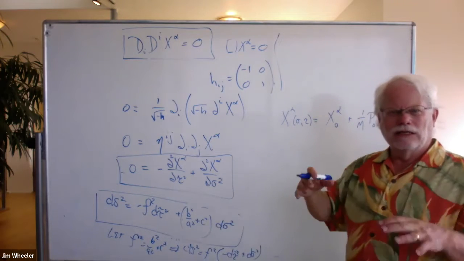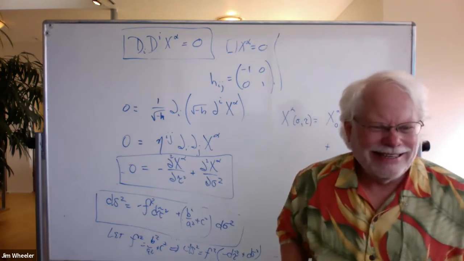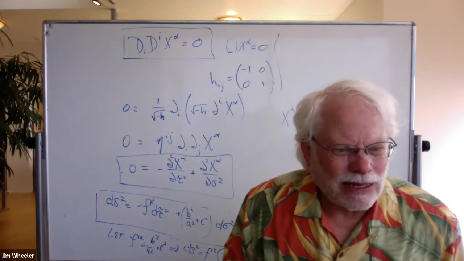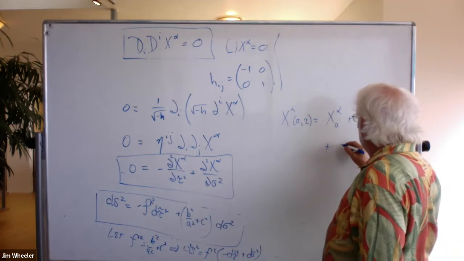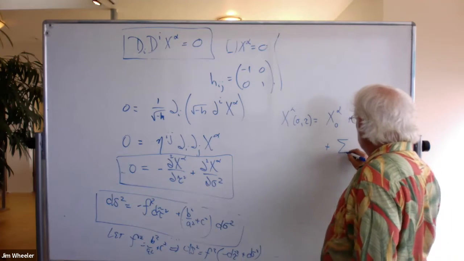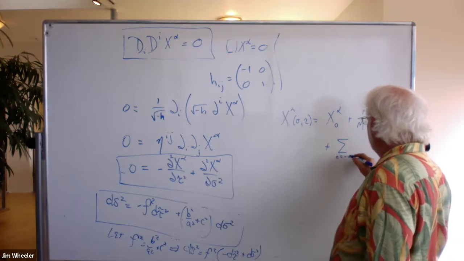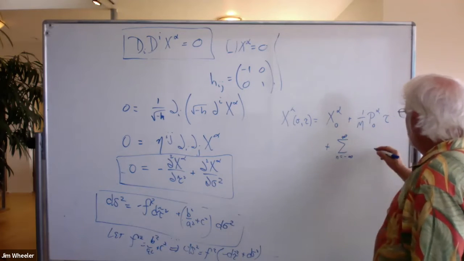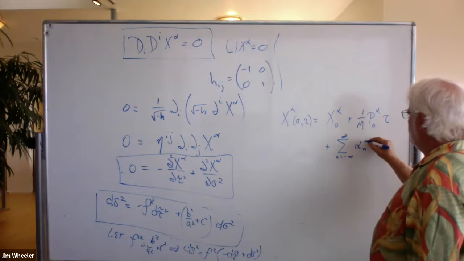Everything else is oscillations. So what we can write, and I'm not sure the best way to write this, but let's just do a general Fourier series here. Let n run from minus infinity to infinity, and take some alpha n mu.